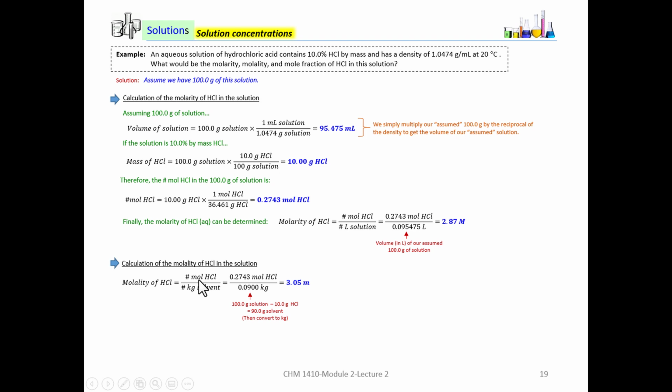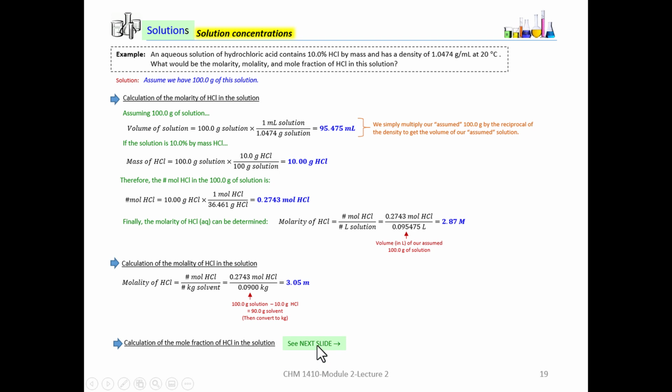Well, the molality would be the number of moles of HCl divided by the number of kilograms of water, and this is easy. It would be 100 grams of solution minus the 10 grams, which is HCl, leaving us 90 grams of water, or 0.0900 kilograms. And this gives us 3.05 molal.